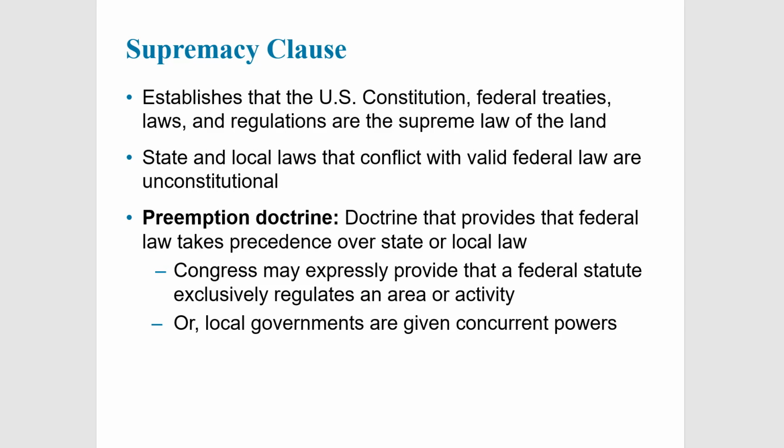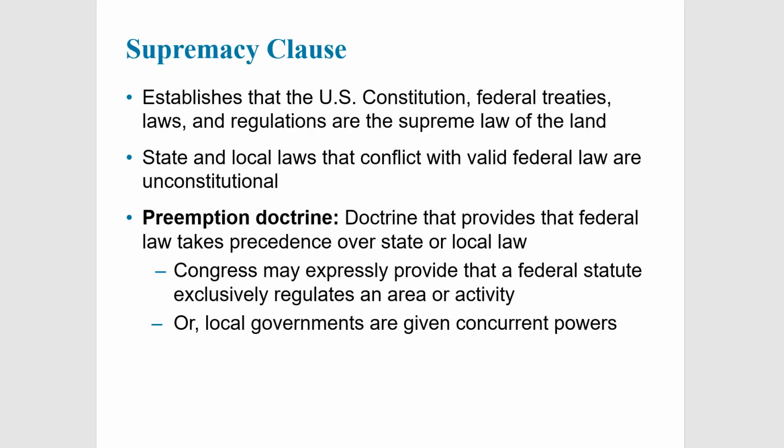Sometimes Congress says that a federal statute exclusively regulates an area or activity. Oftentimes, local governments are also given concurrent powers. The way that would look is sometimes states are allowed to pass a law that would be more protective of people than the federal law does, but it can't be less protective than federal law.